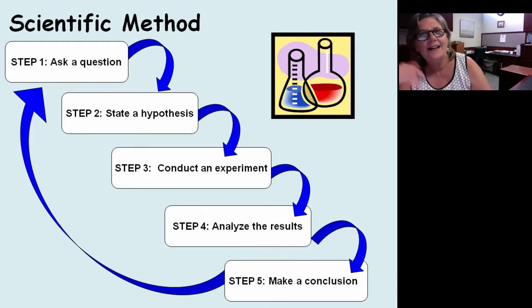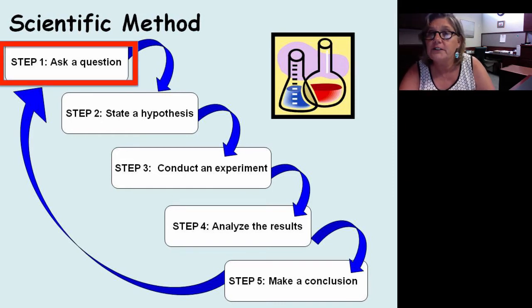Remember, way back in the very first webinar, we talked about the scientific method. This is the very traditional approach to doing science that most science and most experiments are based on. So remember that the first step is to ask a question.